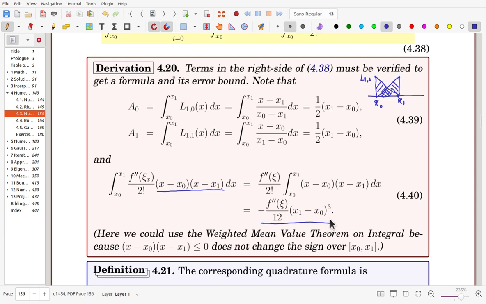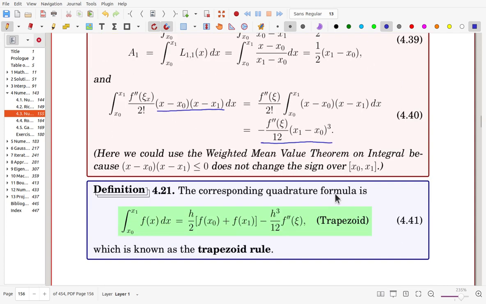Here we summarize our derivation in this definition. The corresponding quadrature formula is here: the integral from x0 to x1 of f(x) dx is the same as, now from x0 to x1 the distance is h.